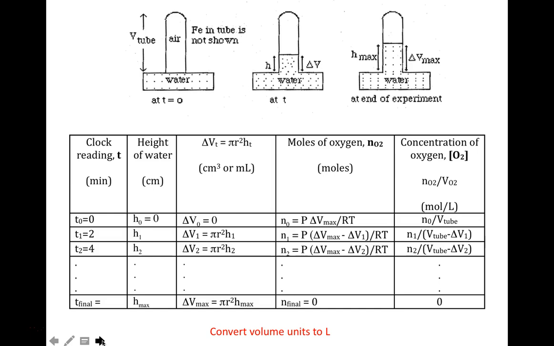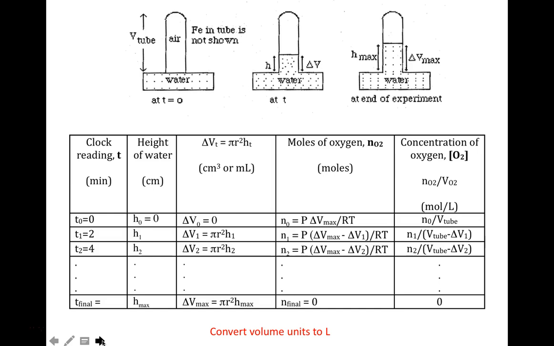So that little bit of oxygen that was consumed at the first time point needs to be subtracted from the maximum amount of O2, and it tells you how much oxygen was in that little sliver of volume change. So that's what we're trying to calculate, and you're going to apply that to every single time point.